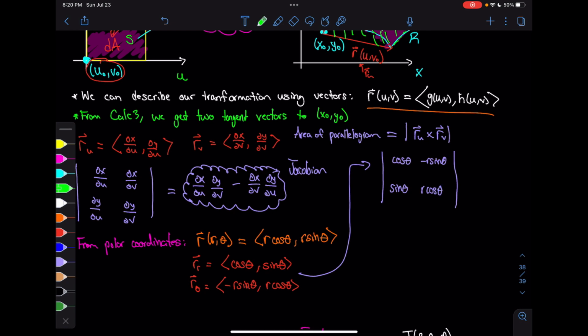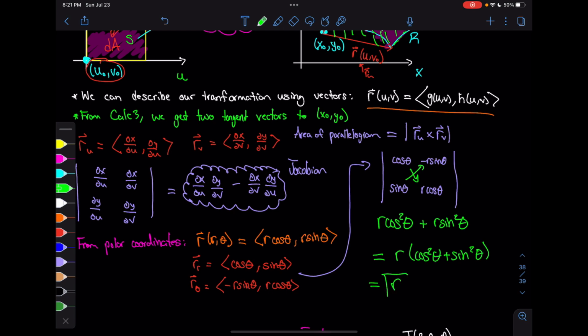And if we do this, what are we going to get? We're going to get an r cosine squared theta minus a negative, so a plus r sine squared theta. And holy smokes, we can factor out an r and get cosine squared theta plus sine squared theta, which indeed just leaves us with r, which is this distortion factor, okay?